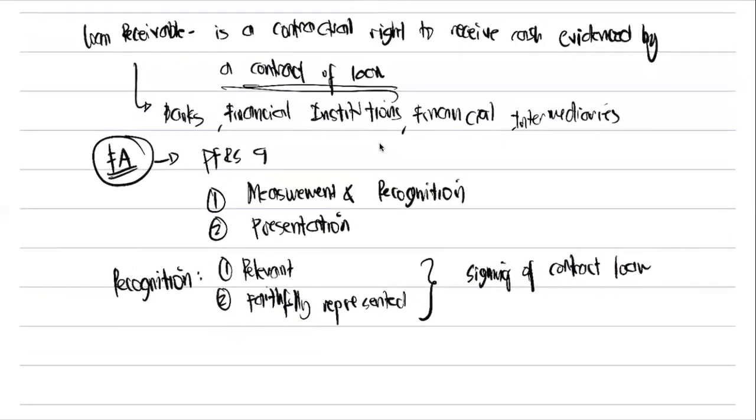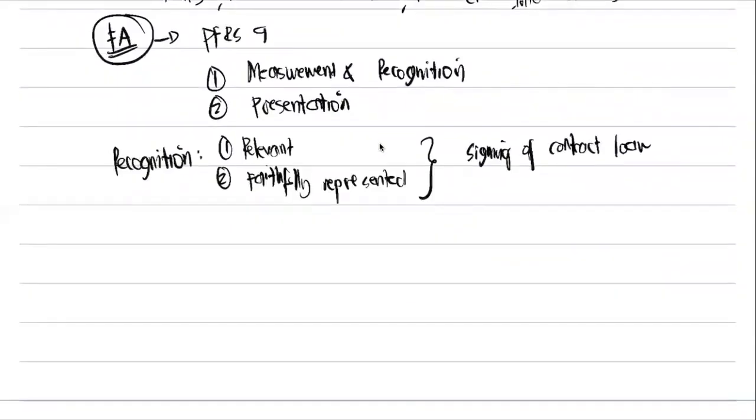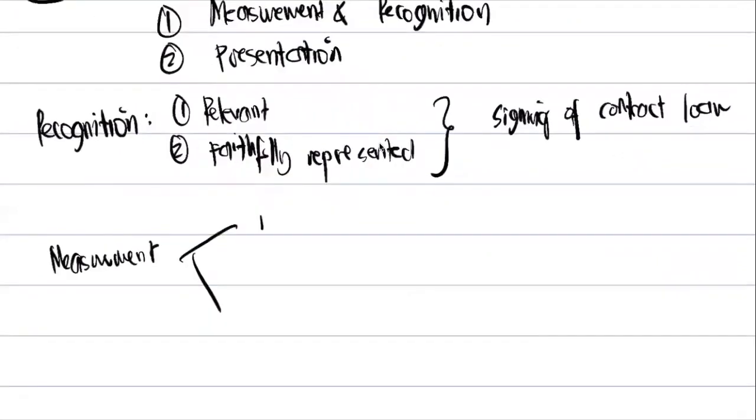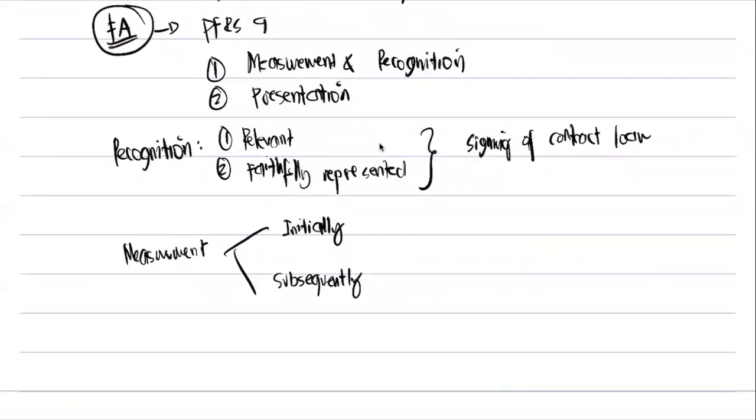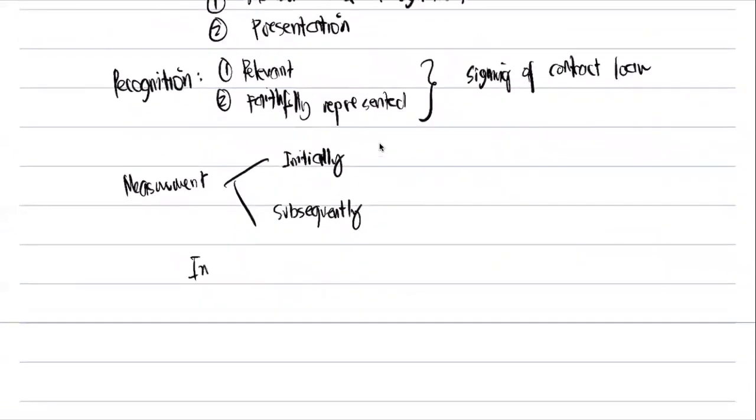Now, after knowing the recognition, we proceed to the measurement. Under the measurement, we need to know the measurement of your loans receivable both initially and subsequently. So we need to learn the initial measurement and the subsequent measurement. We start first with your initial measurement.